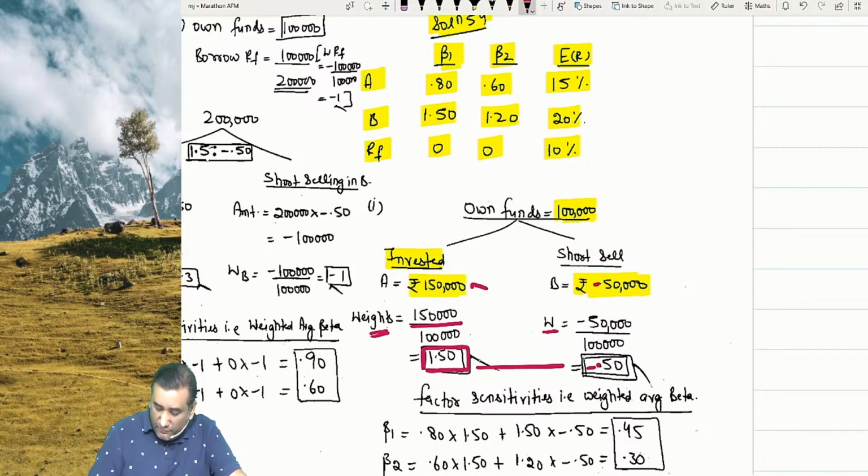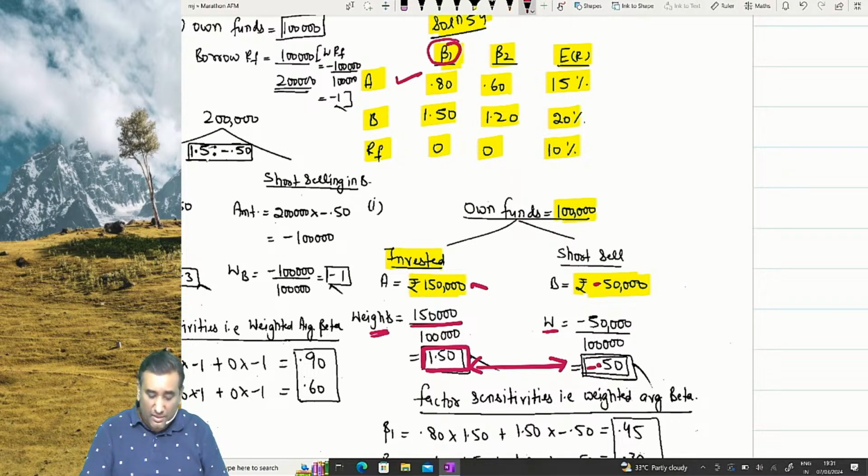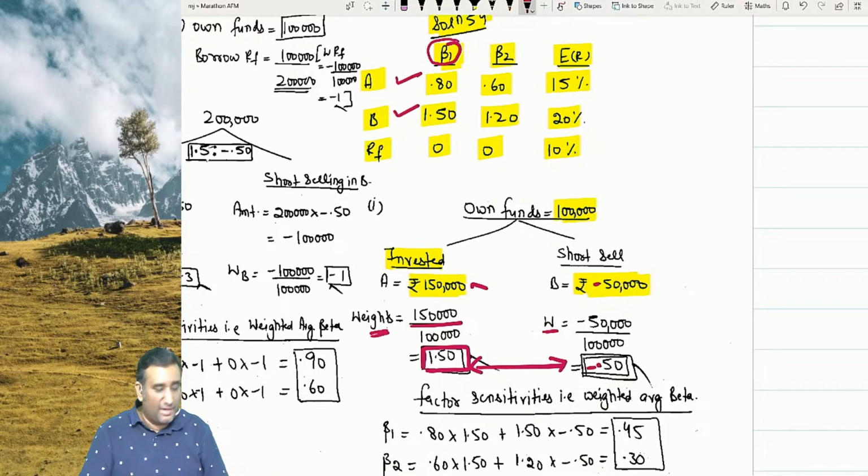The total of the weights would always be equal to 1. You have 1.5 times invested minus 0.5. So when you are finding beta 1, we have to find the factor sensitivities. To find factor sensitivities, I have to find the weighted average beta. The weight of A is 1.5, the weight of B is minus 0.5.